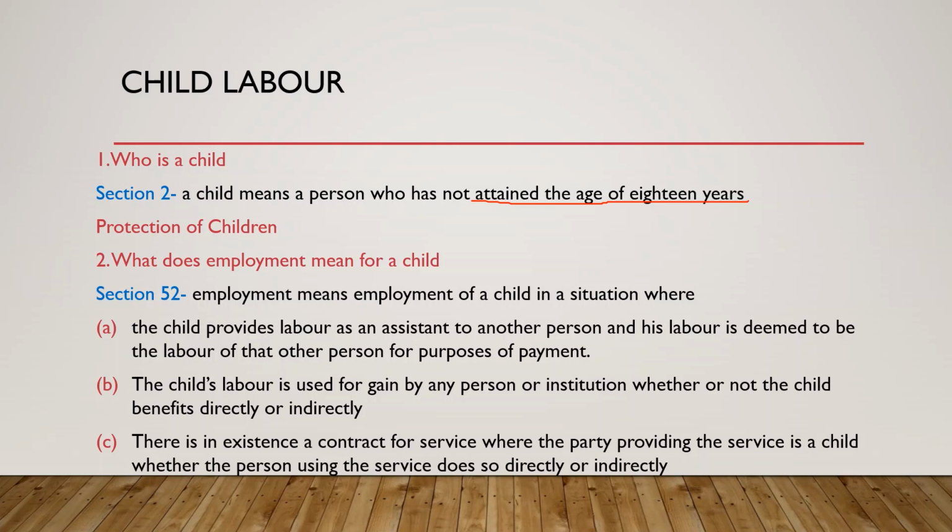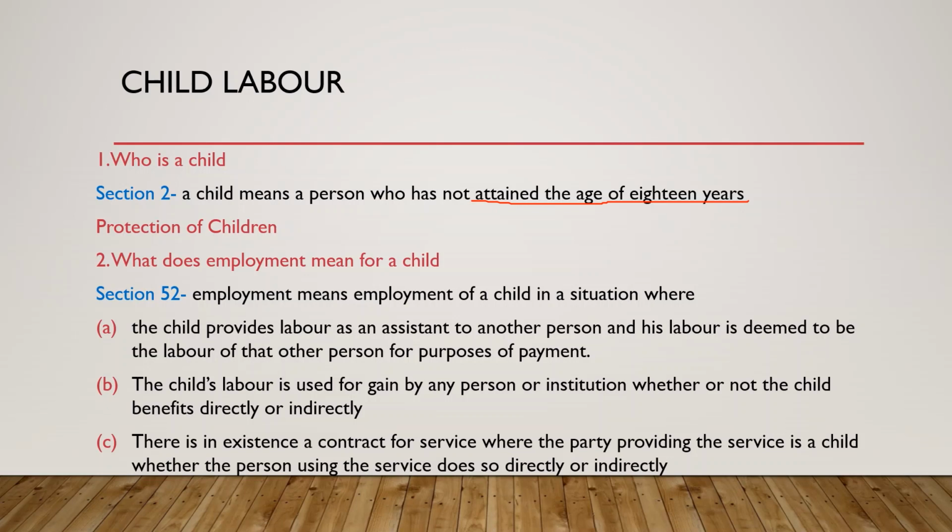If you want to appreciate protection of children as far as employment is concerned, you can consider looking at Section 52 of the Employment Act of Kenya, which provides for what employment means as far as a child is concerned.